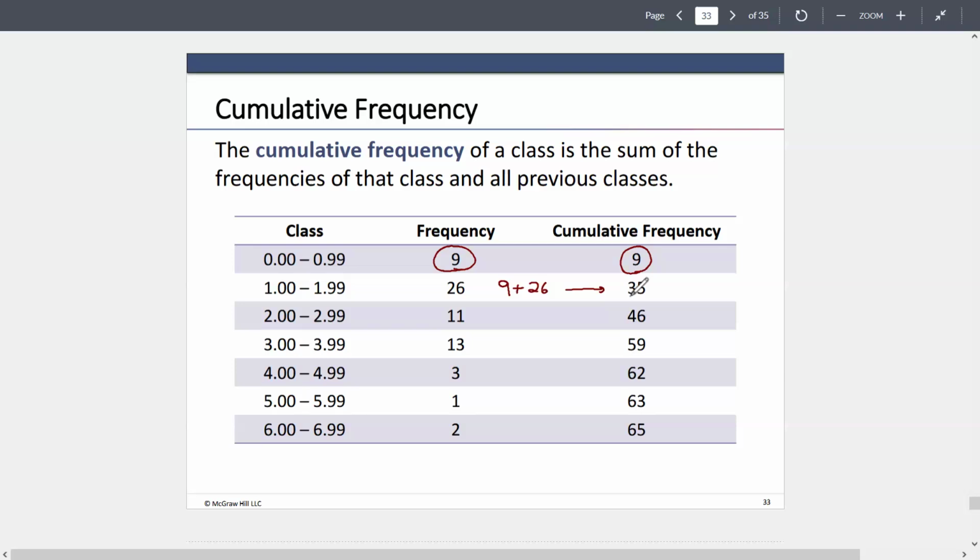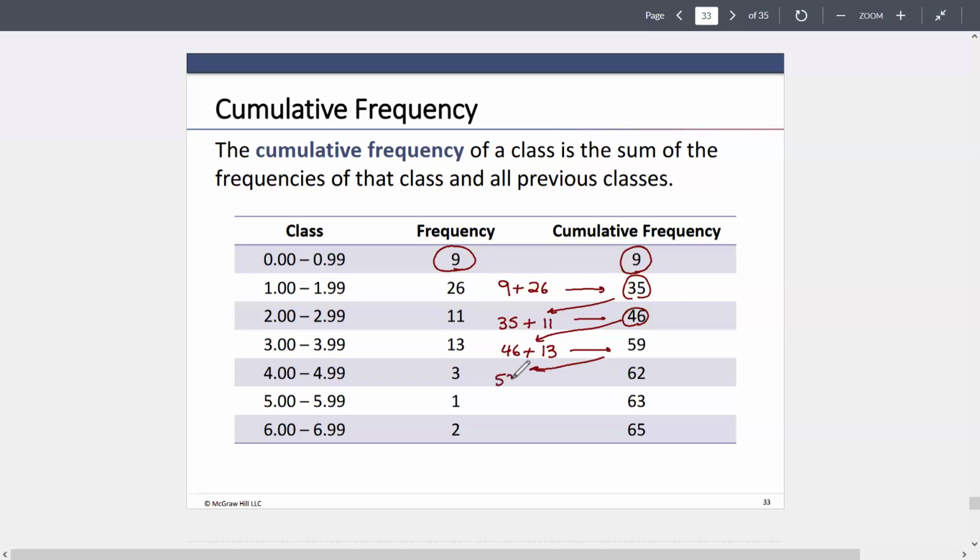Then I'm going to take that 35 and add this 11 to it, and that's going to give me 46. So that's my next cumulative frequency. We just keep adding the next frequency on. Then I would take 46, and the next place we have 13. I add that 13 on, and we end up with 59.